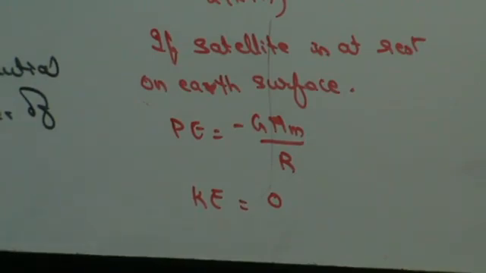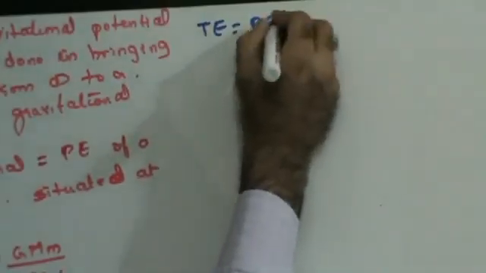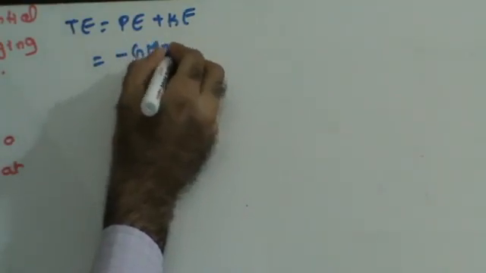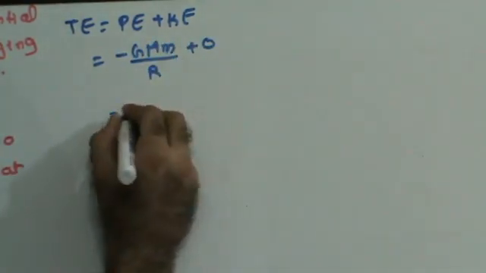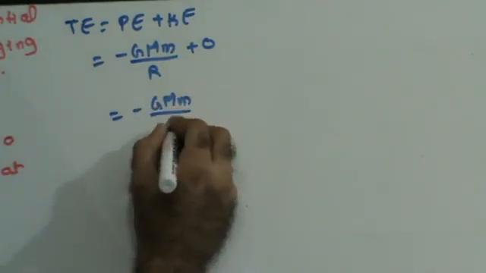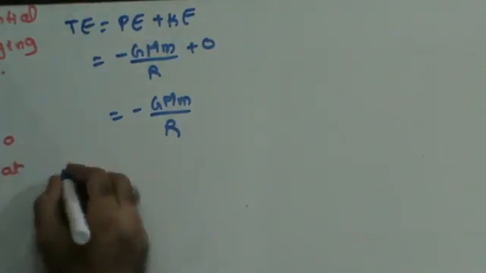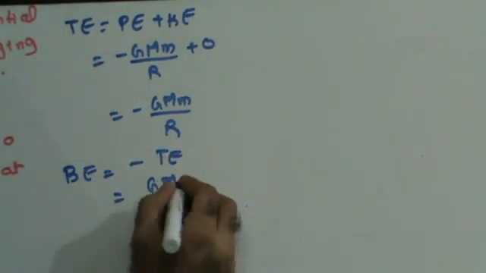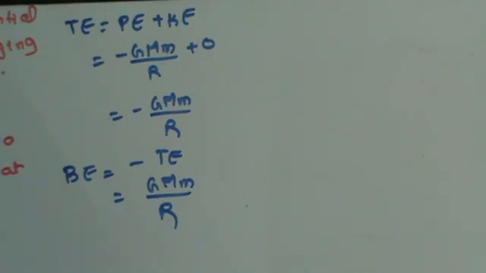Hence the total energy possessed by the satellite is sum of potential energy plus kinetic energy. So that is minus GMm upon R plus 0. That's minus GMm upon R. That will be the total energy possessed by the satellite. Once I know this, I can say that binding energy is negative of total energy. So that's GMm upon R. That will be the binding energy possessed by the satellite.